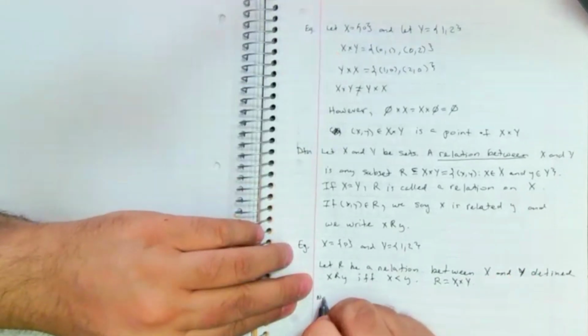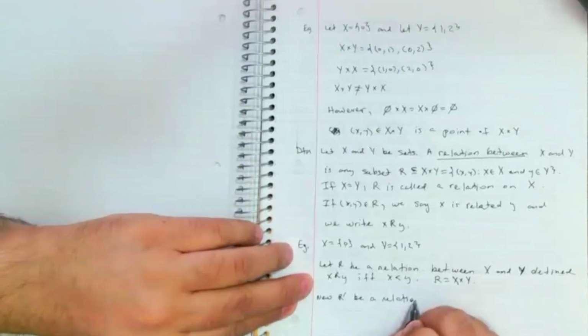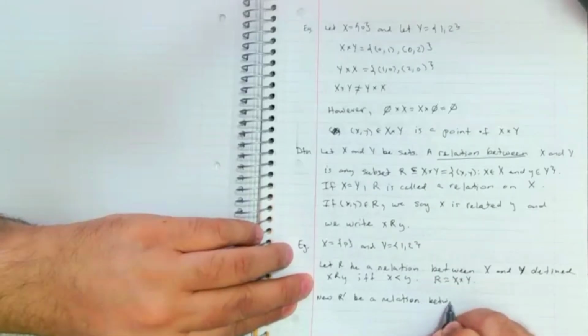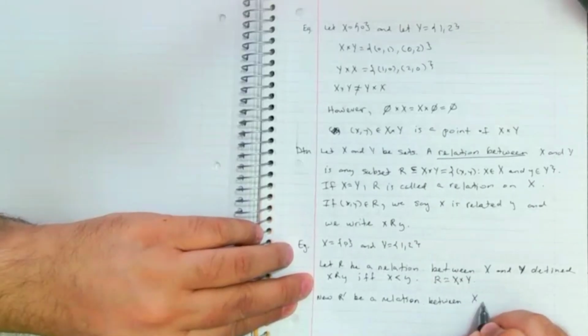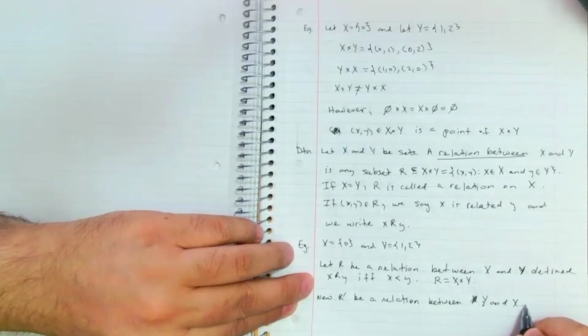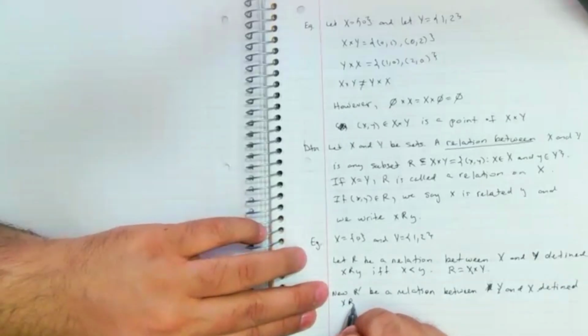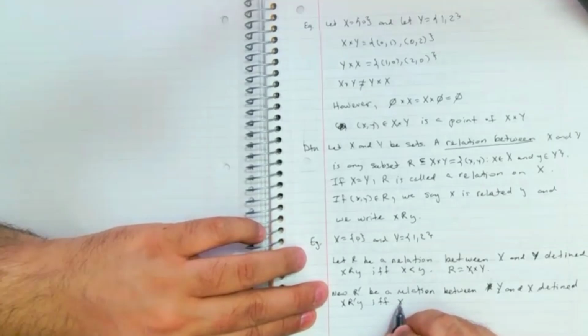So now let R prime be a relation between y and x, defined by the same definition. X is related to y if and only if x is less than y.